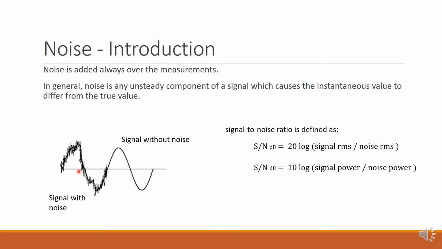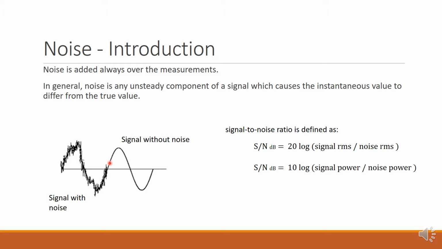This noise contains a multitude of frequencies and amplitudes that can interfere with the quality of the signal. So this is the signal without noise, and this noise already disturbs the actual signal.